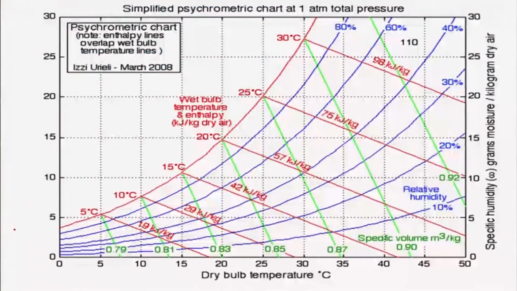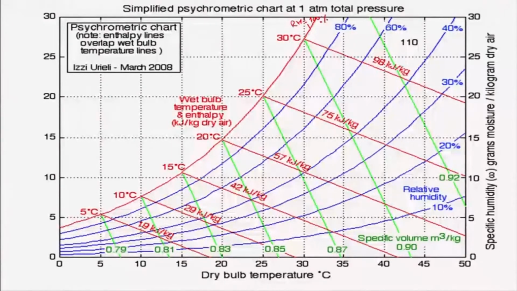It is the same curve, but I am just giving a little illustration here. If you look at these blue lines, this is relative humidity 10%, this is 20%, this is 30%, and it goes on until this ends, which is basically 100% relative humidity.